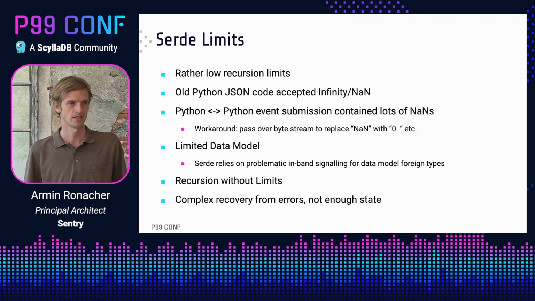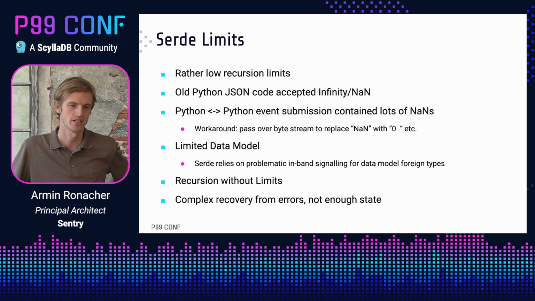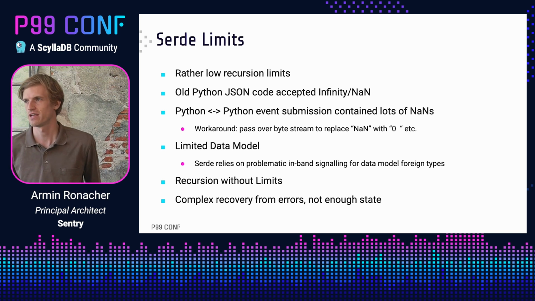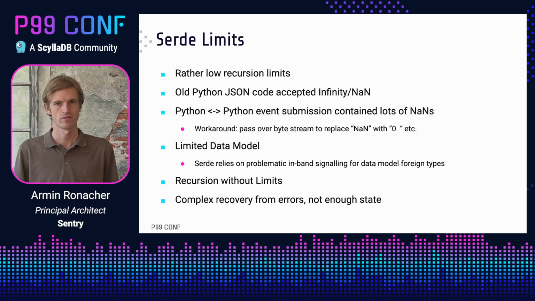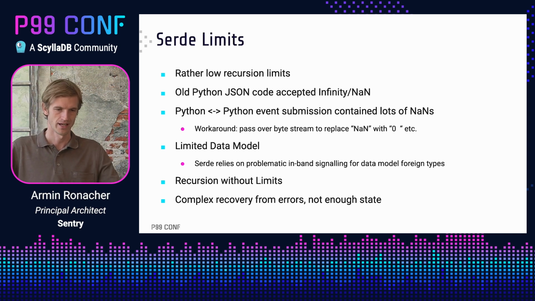One of the things was that our protocol was incredibly deep, and we had rather low recursion limits on the Serde side. This is because Serde sort of goes recursively down. It actually keeps quite a bit of state on the stack. And because we had used quite a concurrent system, the per thread stack limit was quite low. But even with that, if Serde runs out of stack space, it more or less aborts the process. So we had to work on that.